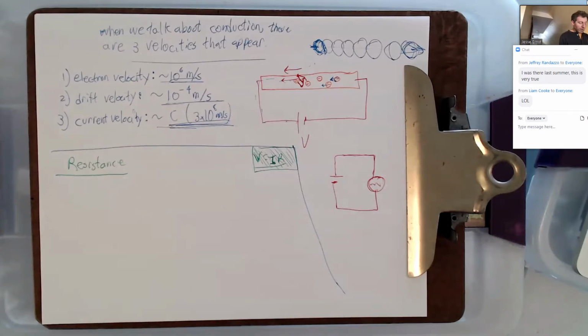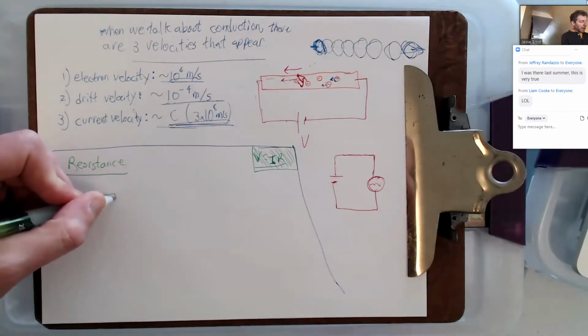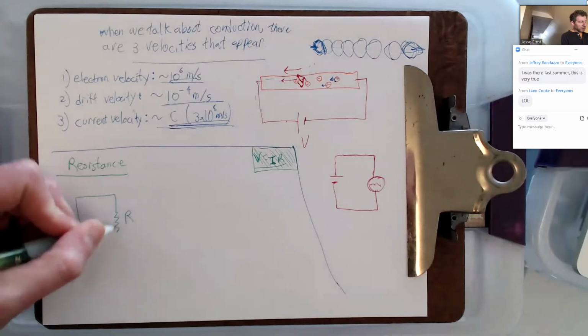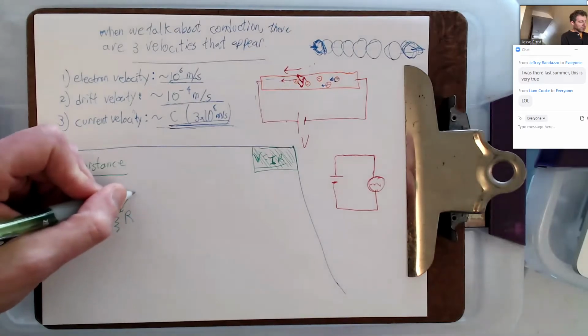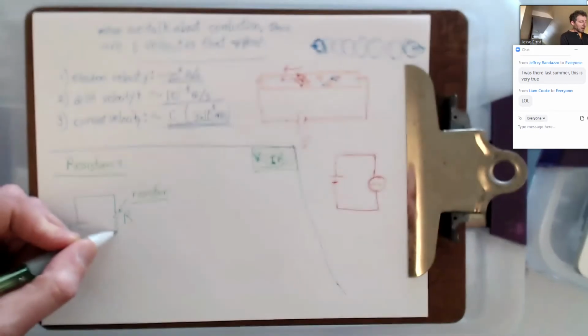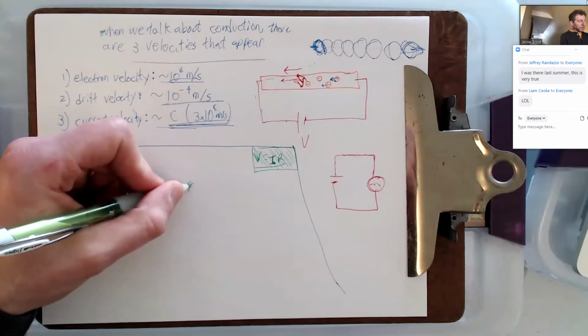So what I want you to imagine is I take some voltage and I take an object, which we'll call a resistor, right? A resistor is an object that opposes current flow.